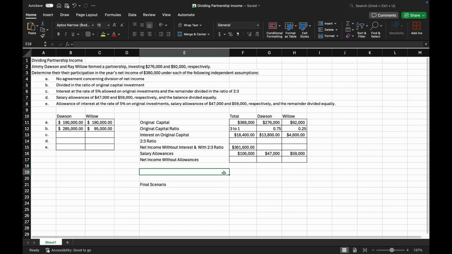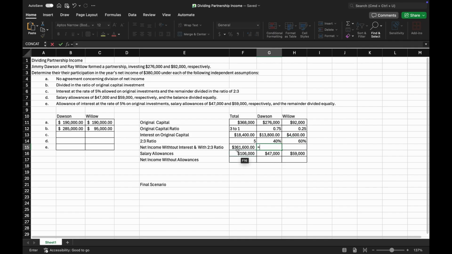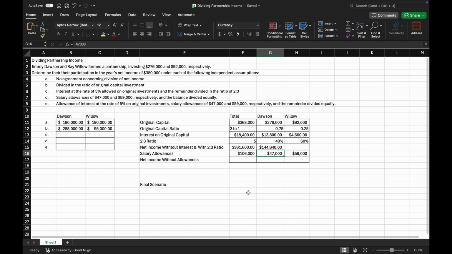Now we must divide this amount in the ratio of 2-3. This ratio means that there are a total of 5 parts. This means that one partner gets 40%, indicated by the 2, and one partner gets 60%, indicated by the 3. For Dawson, $361,600 times 40% comes out to $144,640.